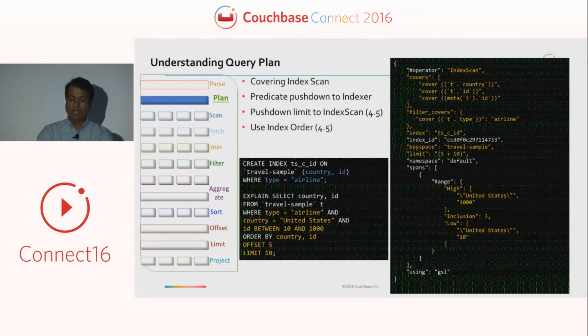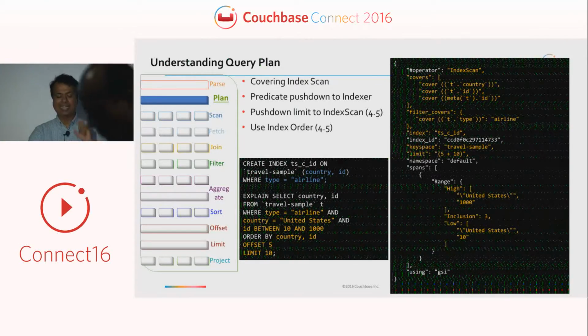And then the predicate on the index itself is type equals airline. So even though you are creating the index on the travel sample bucket, only the documents which contain this type field, and where the content of the type field is airline, are indexed in this index.